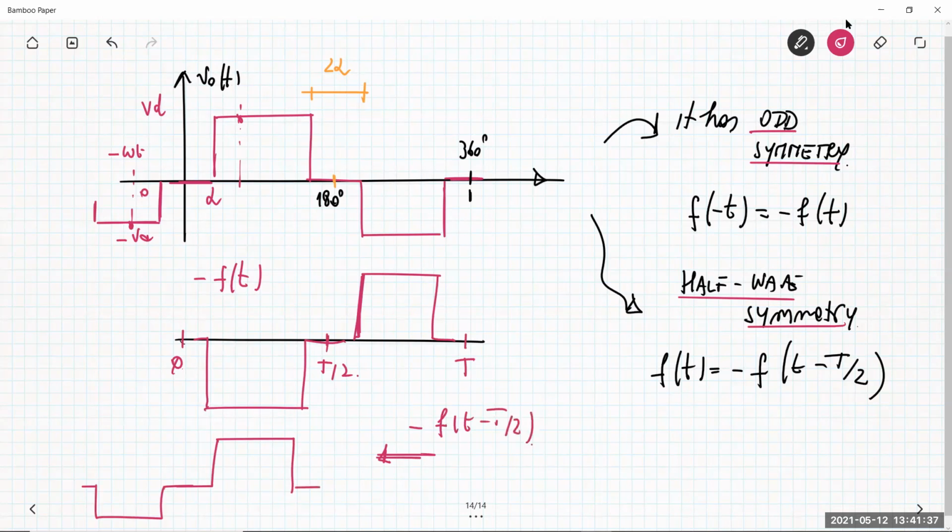Then compare this waveform to the original one, and I can see that f(t) is exactly negative f(t minus T/2). So it has this half wave symmetry, and it has odd symmetry.